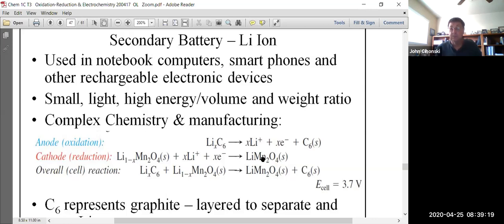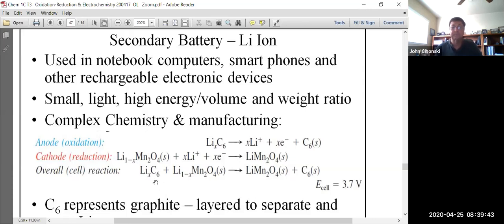And since it's being reduced, we need more lithium, and that's where this extra lithium goes. That replaces, or moves in to fill this void, okay? A little bit confusing. If you think about it, do a balancing of equations mentally. Just keep track of the charges and you'll see what's happening, okay?